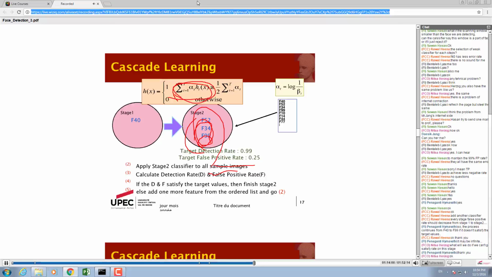So stage one becomes that very huge strong classifier, but it still cannot satisfy the rate. Then it is useless, so we cannot use this classifier. The training fails.